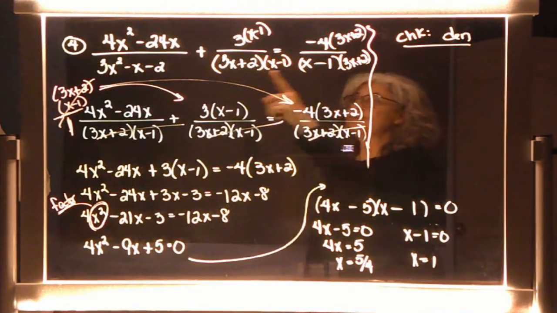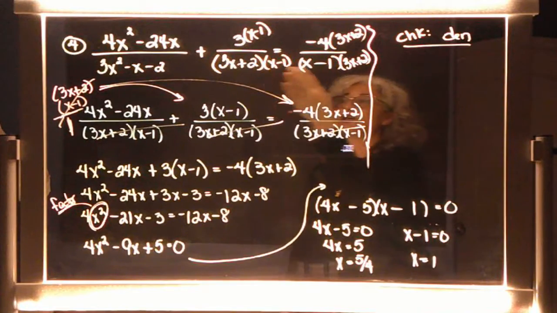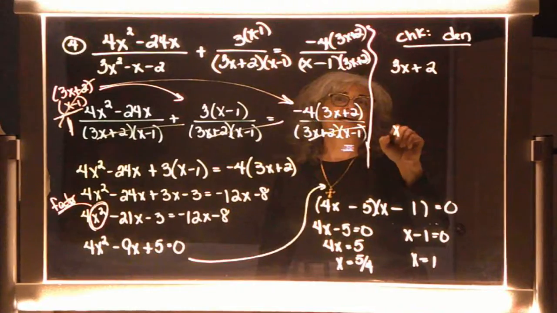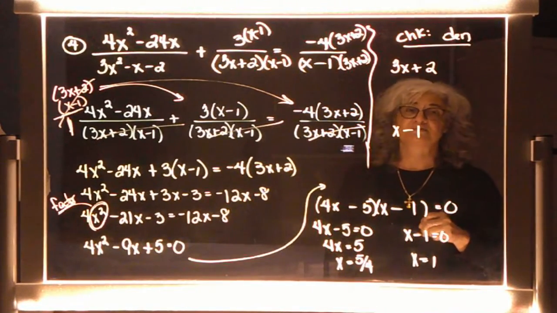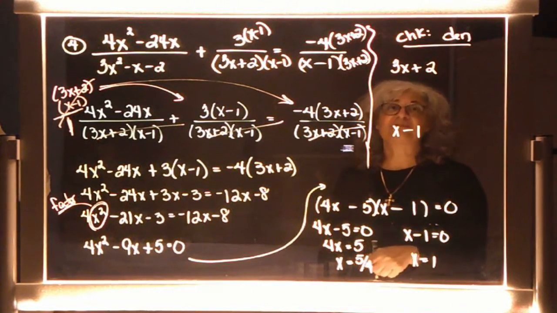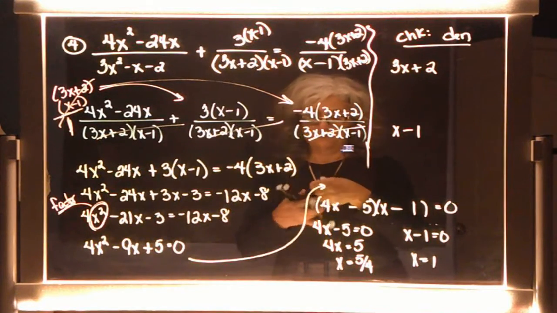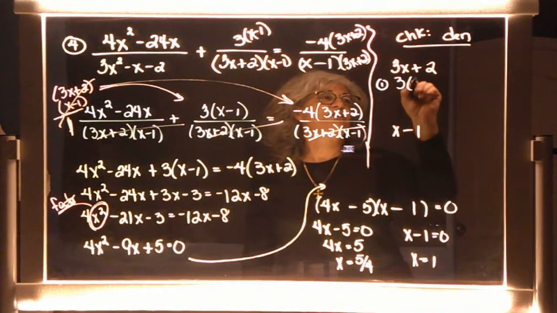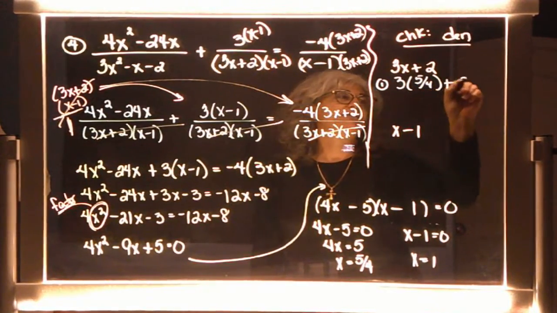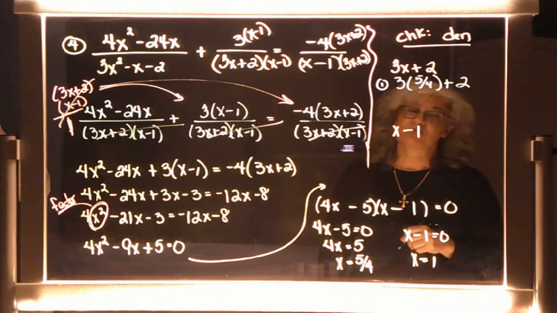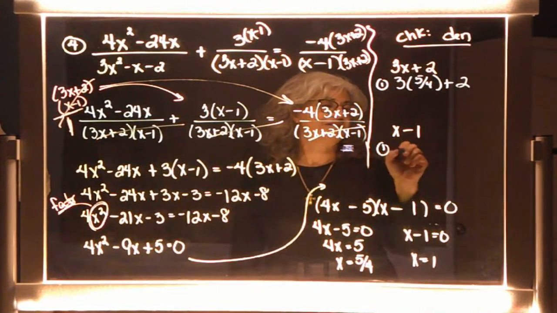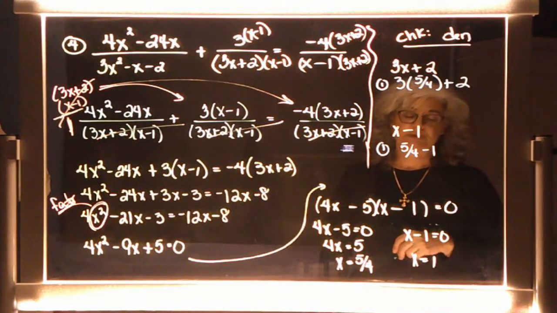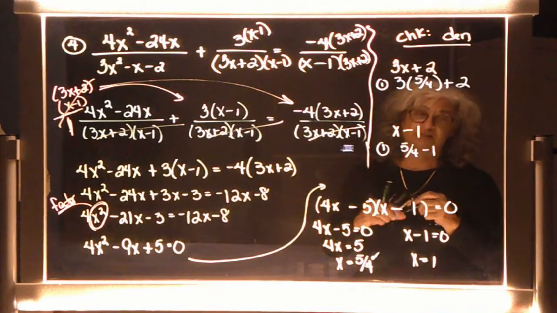Each of these denominators was made up of a 3x plus 2 and an x minus 1, correct? If I take 5/4, so here's my first check. If I take the 5/4 and plug it into here, is that a 0? Nope. If I take the 5/4 and plug it into this one, is that a 0? Nope. So the 5/4, good to go.